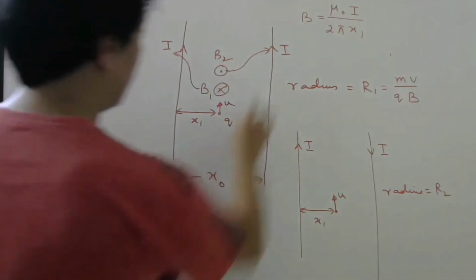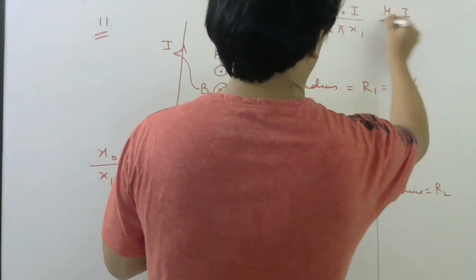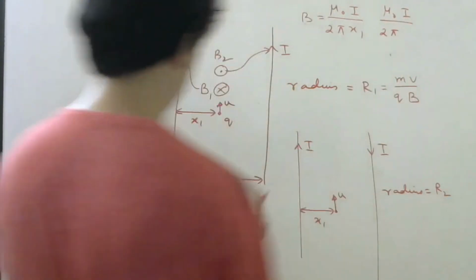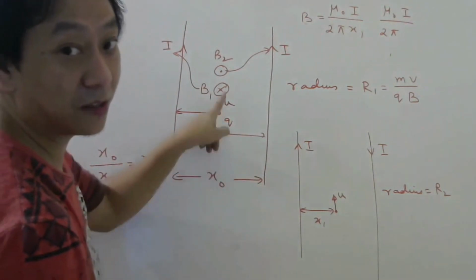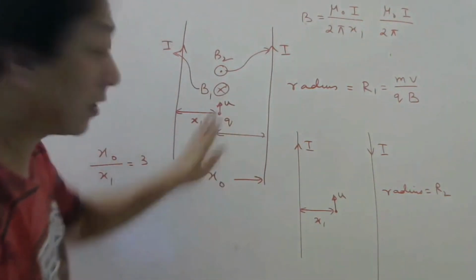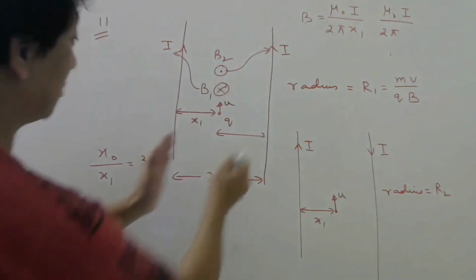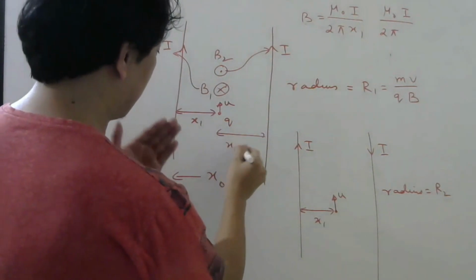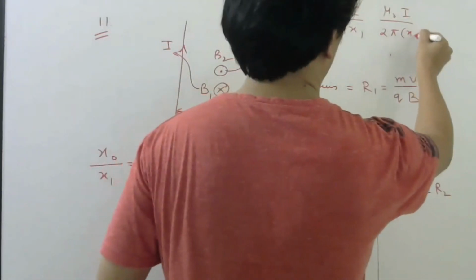And due to this wire, it will be mu naught I by 2 pi times this distance. At this point I want the magnetic field because the charge is moving here, so whatever the magnetic field is will act on the moving charge. What is this distance? It is x naught minus x1.